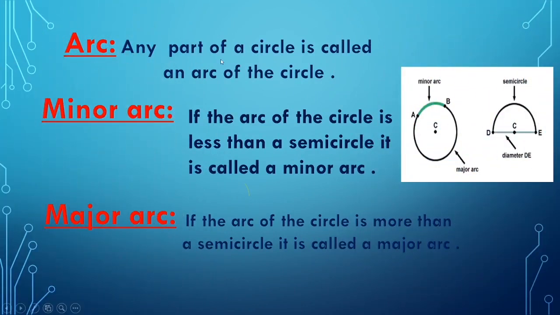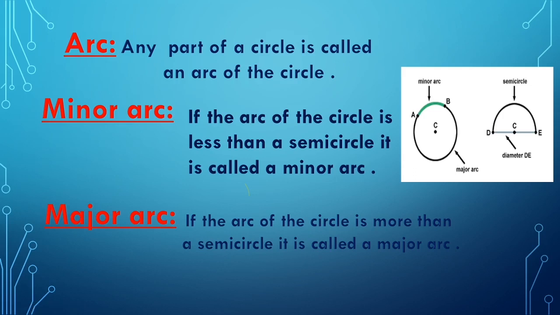Arc. Any part of a circle is called an arc of the circle. If you take any part of the circle, that part is called an arc of the circle. Here we are having minor arc and major arc. Minor arc. If the arc of the circle is less than a semicircle, it is called a minor arc. Here, if you divide a circle into 2 equal parts, then each part is called a semicircle.